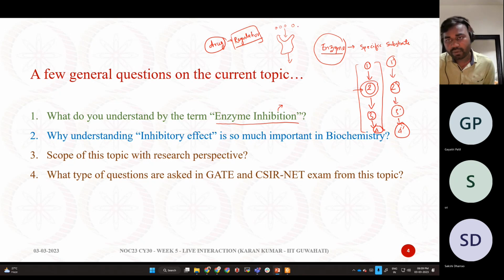So what you can do, you can mimic this particular substrate using your drug. You can have a similar kind of structure which is responsible for the interaction of this small molecule with the enzyme, or any receptor molecule.